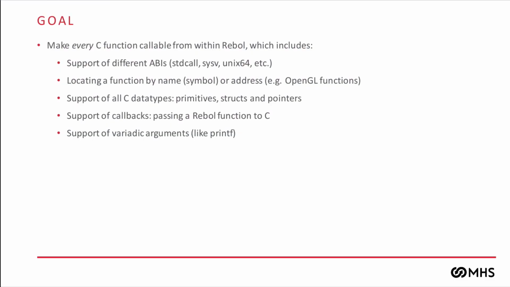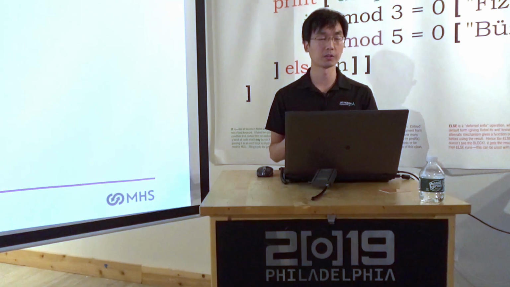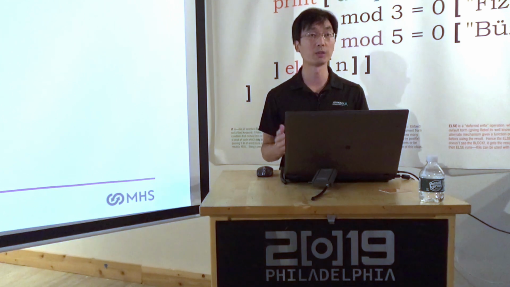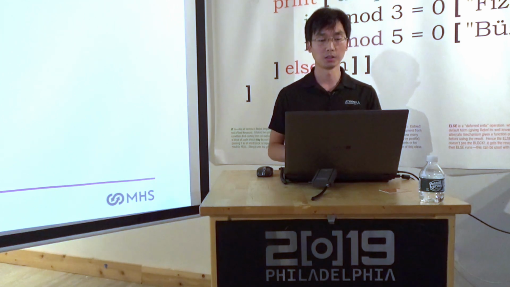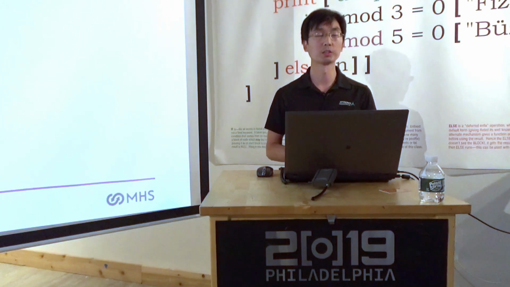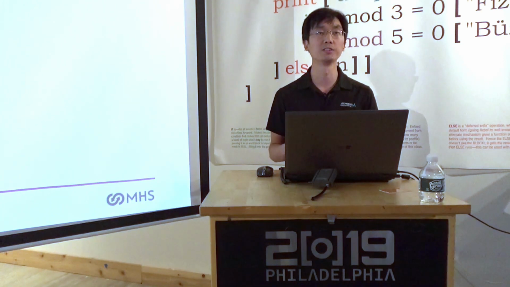I want to be able to call that kind of function as well. And of course, you need to be able to support all the data types that C could support, like all the primitives, like integers, floating points, and one of the big parts is the struct. And another thing is pointers, because pointers are everywhere in C.